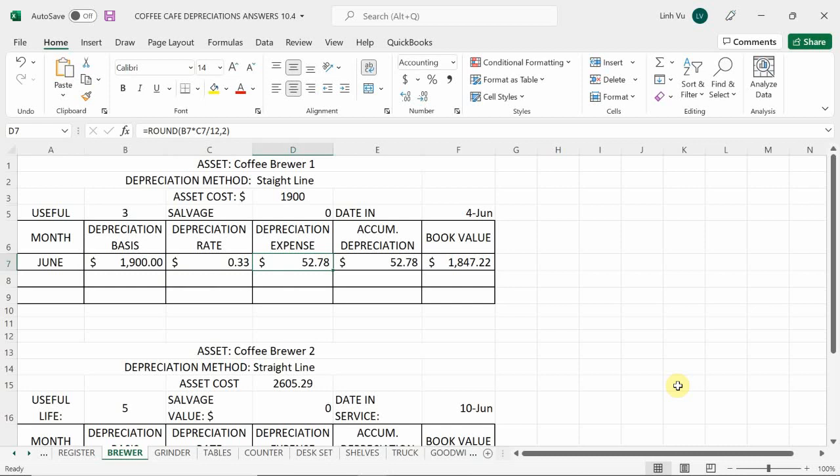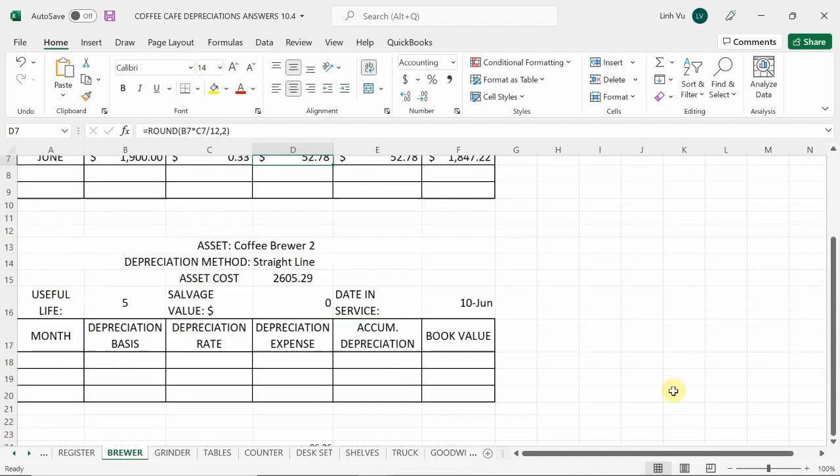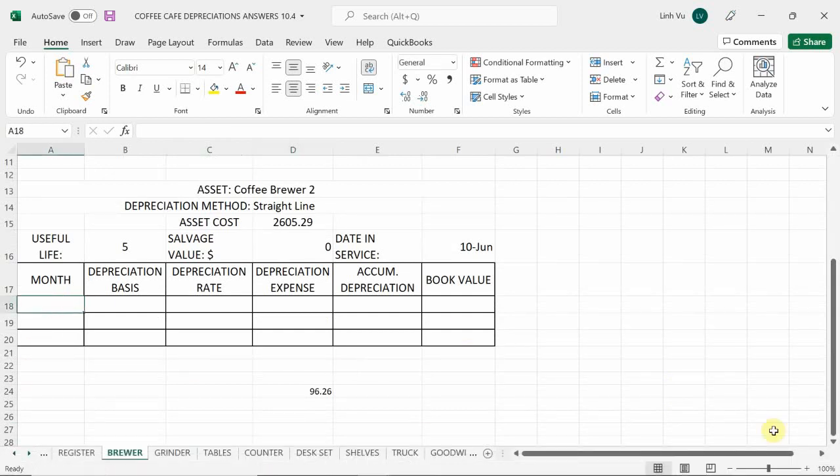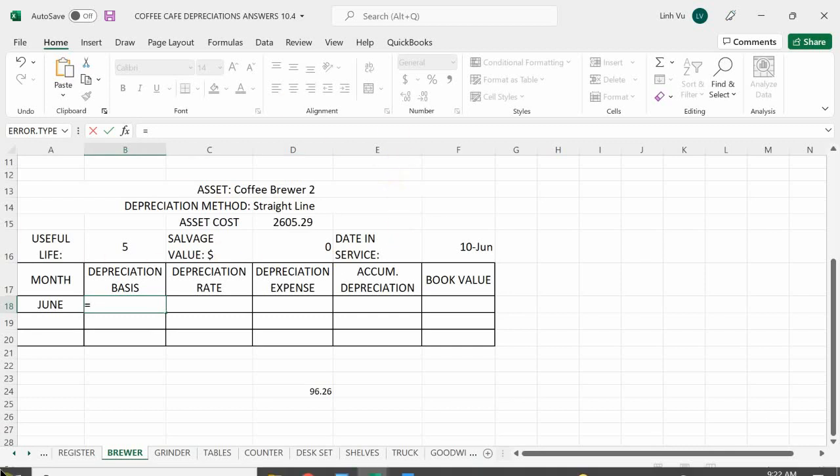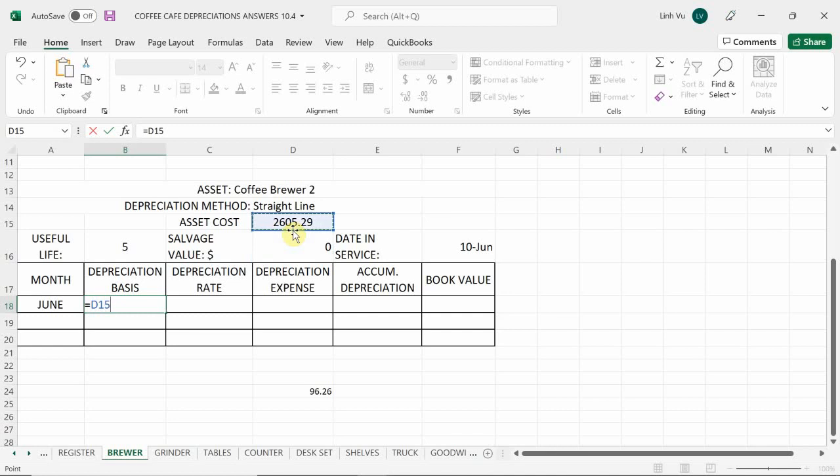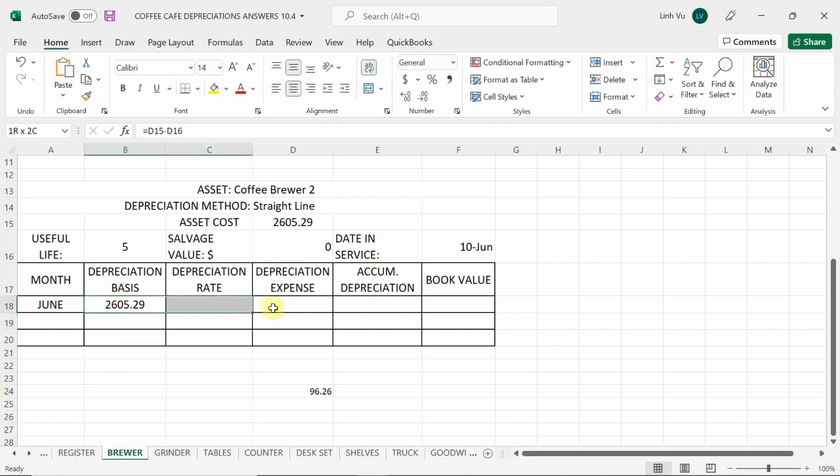Okay. So now we need to solve for the second one. Again, we're solving for the month of June. How do you solve for the depreciation basis? Asset cost minus the salvage value. Okay, in this case, what's my depreciation rate? One divided by five, which is just 0.20.